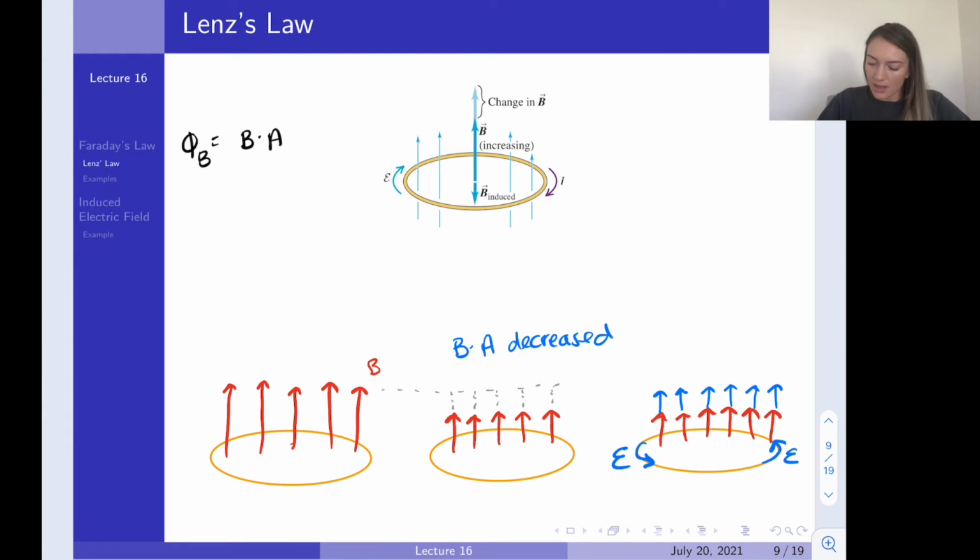So in this case, if I decrease my magnetic field, I decreased it from here down to here, that will cause a current to flow in the counterclockwise direction so that it will induce a magnetic field also in that upward direction. It's trying to oppose the change in flux by supplementing that magnetic field.